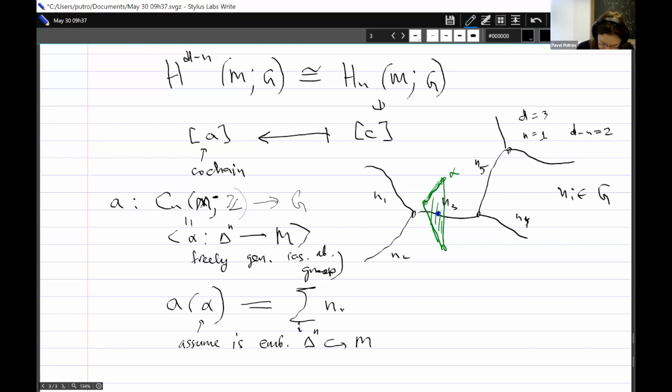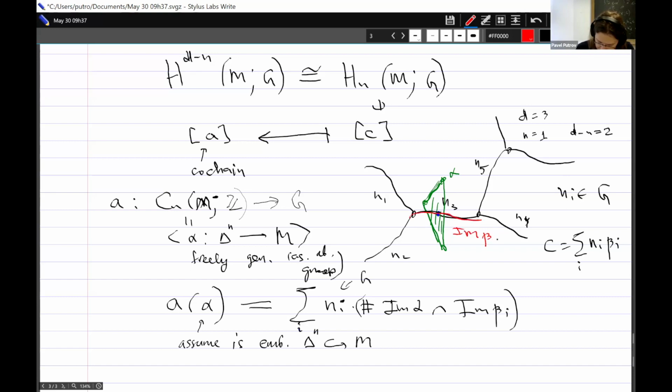One can write it as follows: we sum over i, taking n_i, which is the element of G, with multiplicity given by the intersection number of the image of alpha with the image of B_i, where we take C to be the sum over i of n_i B_i. Here, for example, this is the image of B_3, and this is the image of alpha. Here there is one intersection point.